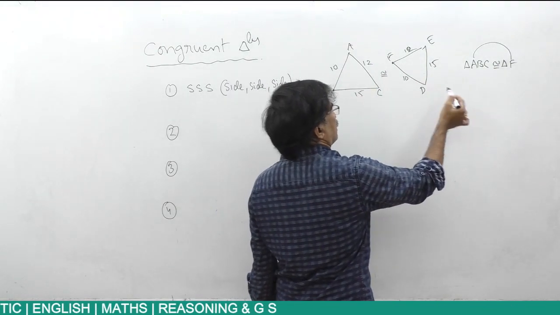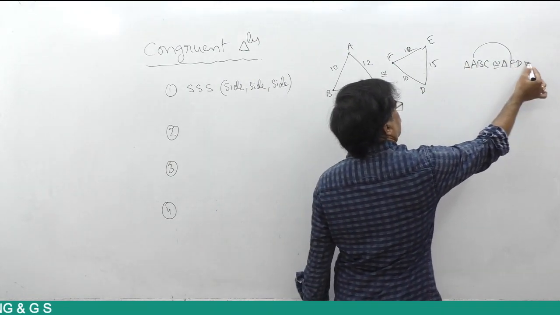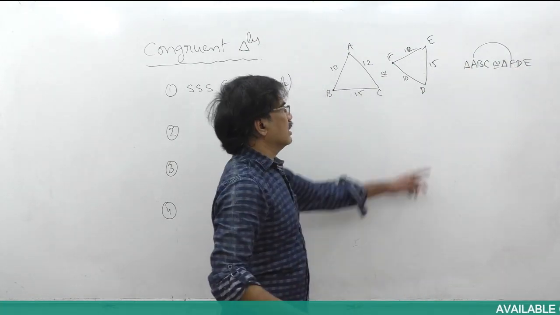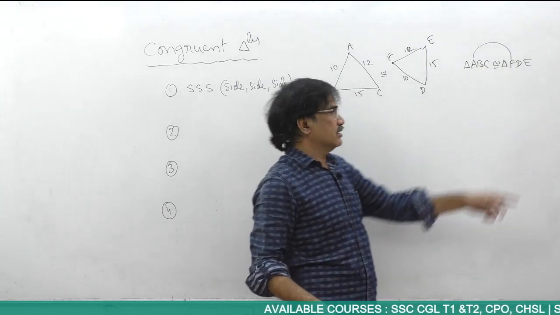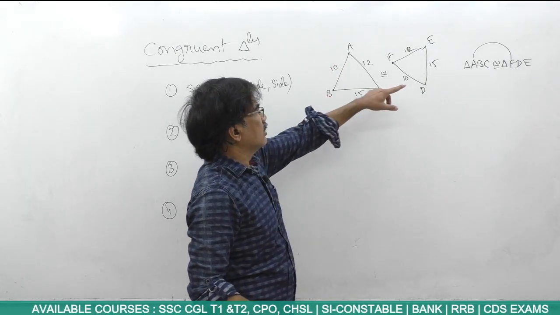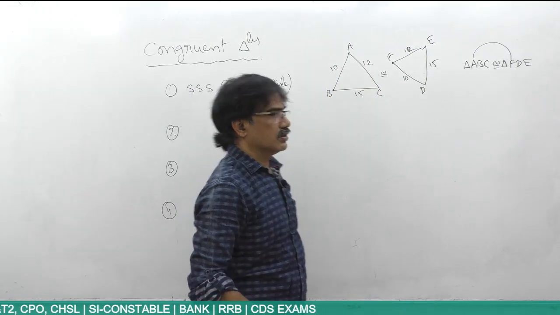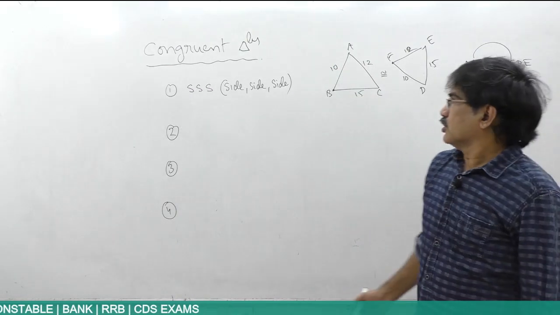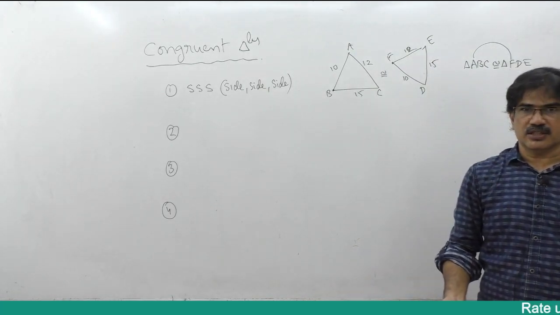Here between 10 and 15, D is there. So you have to write D. The third one is E. So you have to write triangle ABC is congruent to triangle FDE. Okay? Write congruency very carefully, please. So this is called the first property, SSS property.